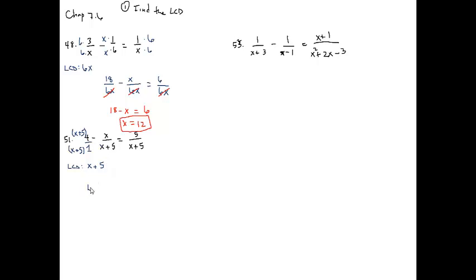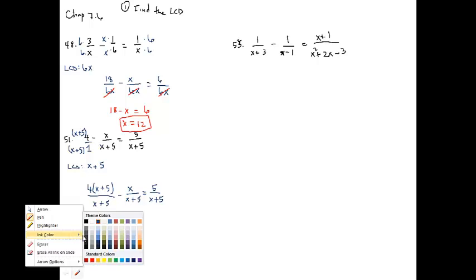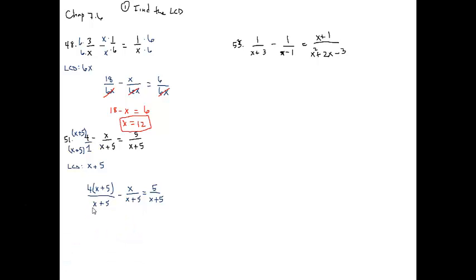So the first fraction becomes 4 times x plus 5 divided by x plus 5 minus x divided by x plus 5 equals 5 divided by x plus 5. Good. Now that we have our denominators all equal, we can cancel them out.